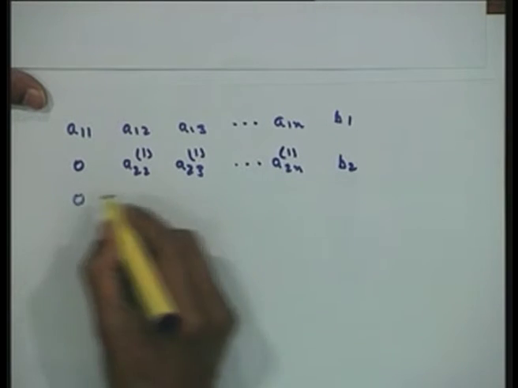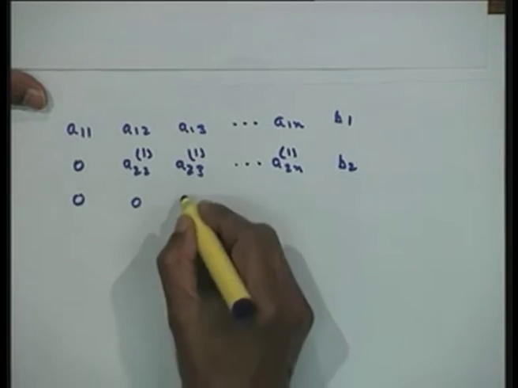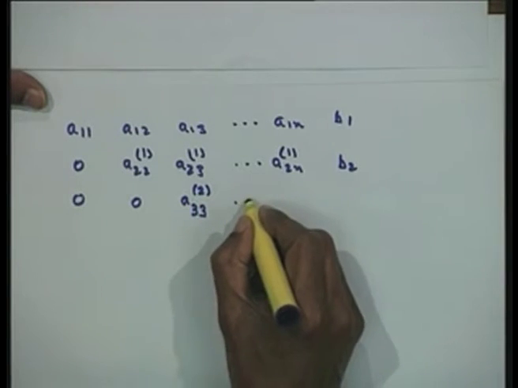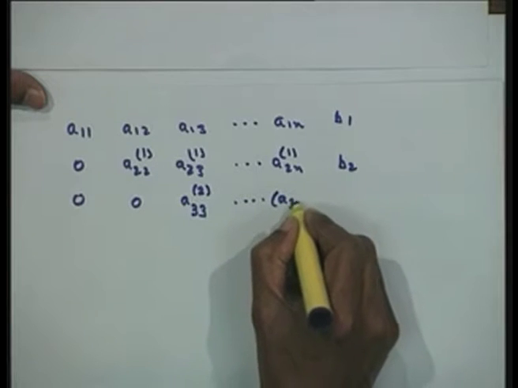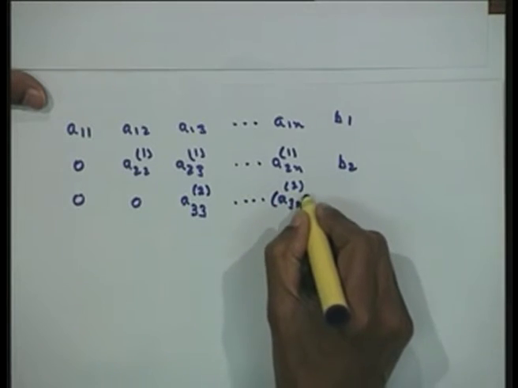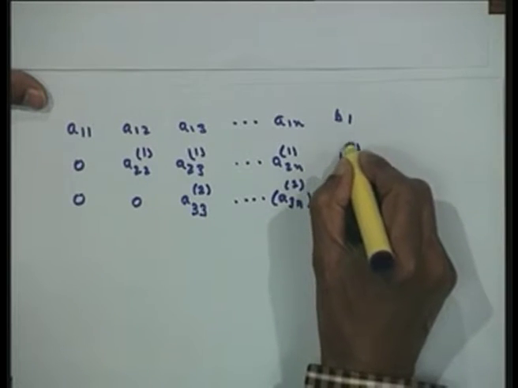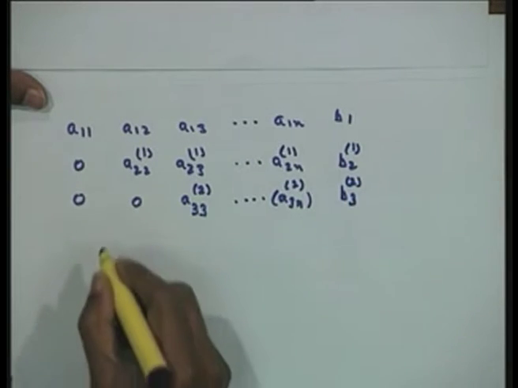Now I have a 0 here. Now this has been made as 0. This element changes as a33, now we will put superfix as 2. I will have a3n superfix of 2. This is b3 of 2.